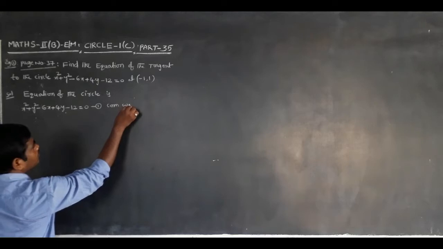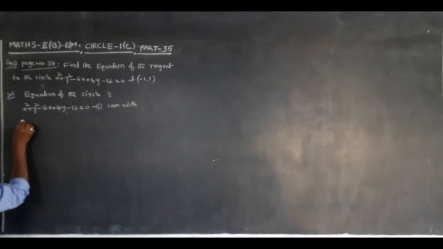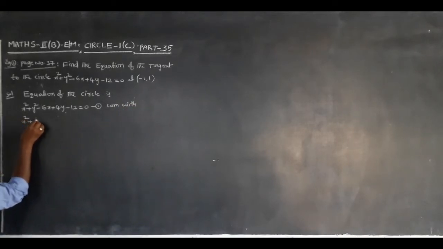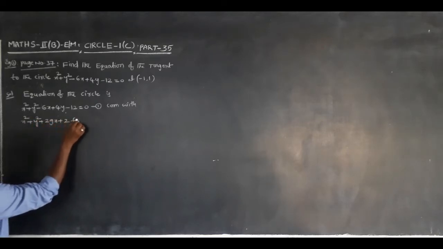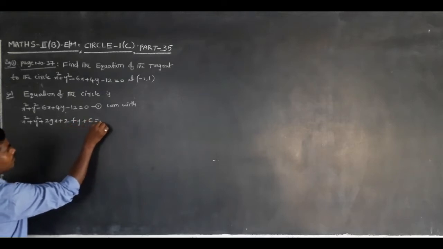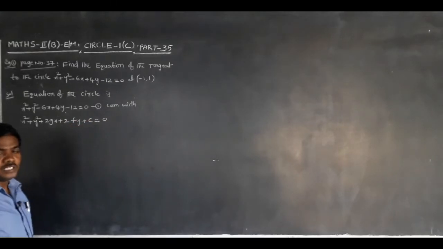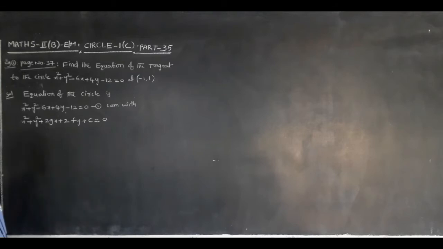Comparing with the general equation x square plus y square plus 2gx plus 2fy plus c is equal to 0.